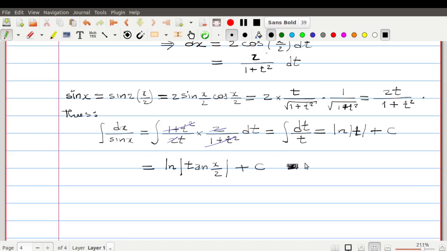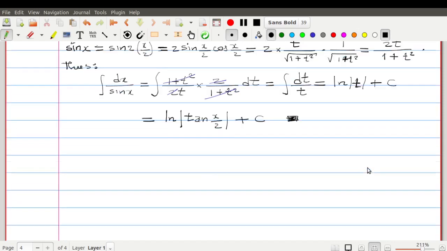So we know already how to do this type of integral. Similarly, we are going to do the same thing with the cosine.